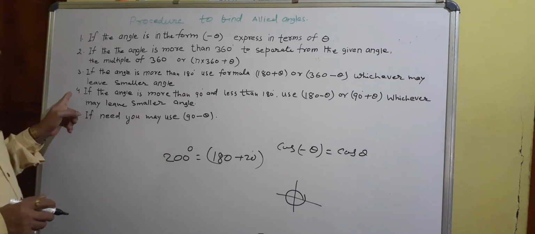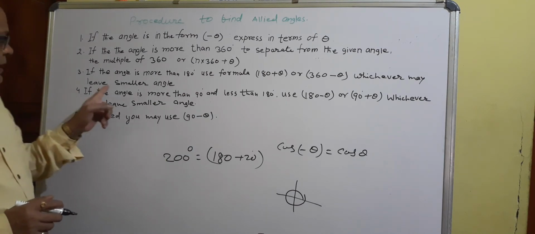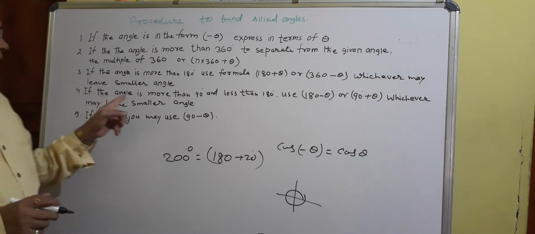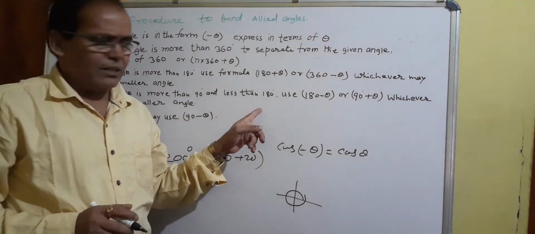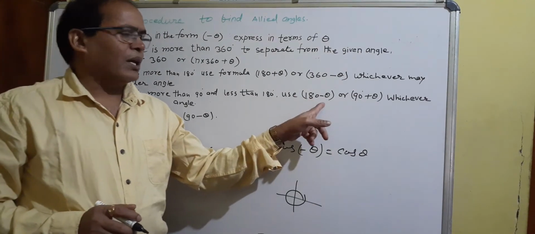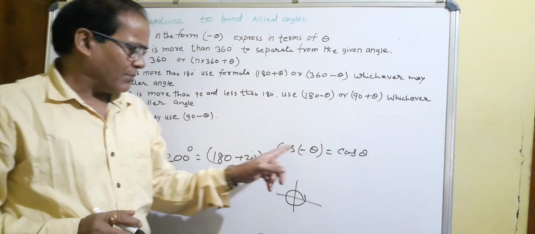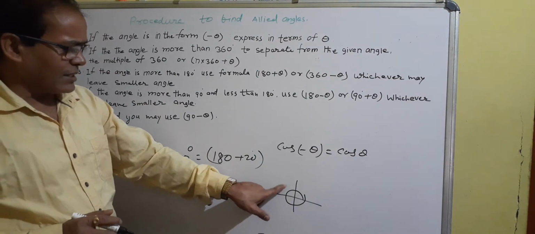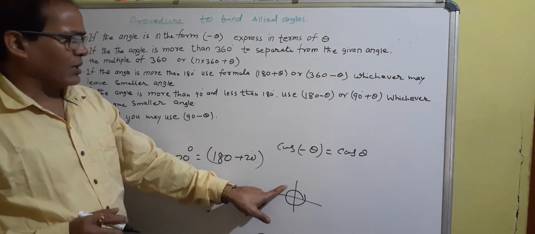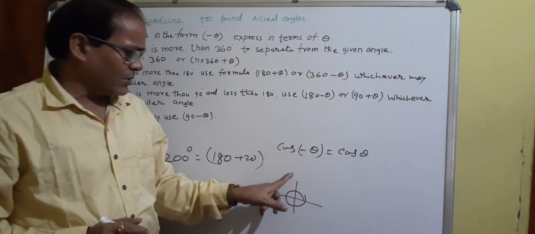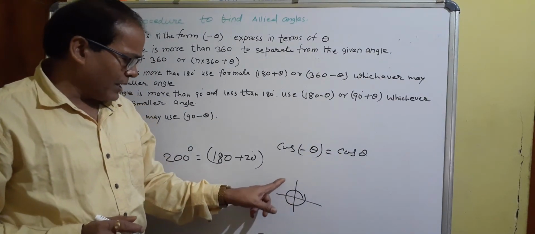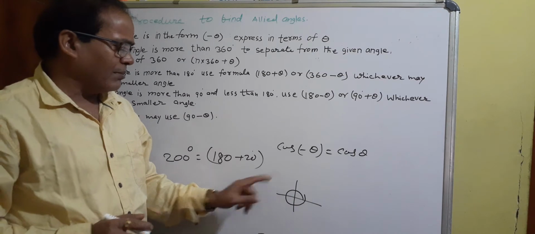Next, if the angle is more than 90 degrees but less than 180 degrees, then we use 180 minus theta, because 180 minus theta will lie in the second quadrant. Or we can use 90 plus theta, or 180 minus theta.